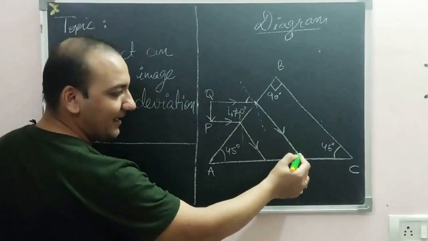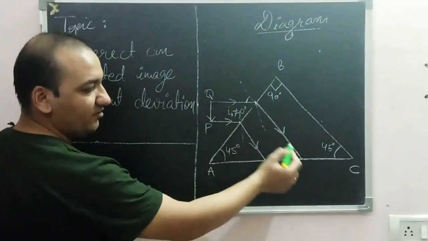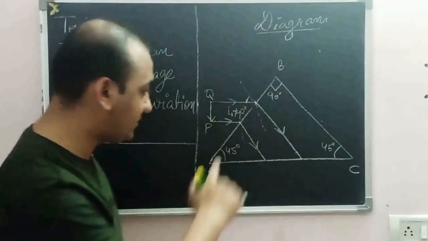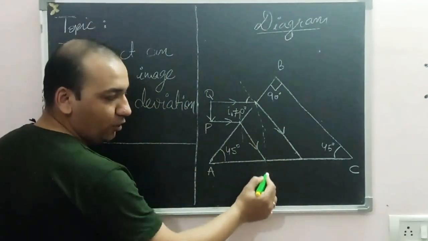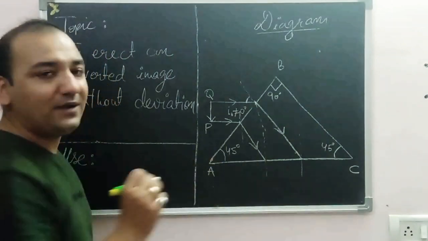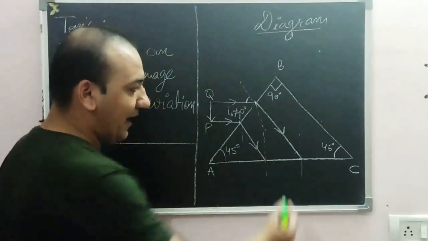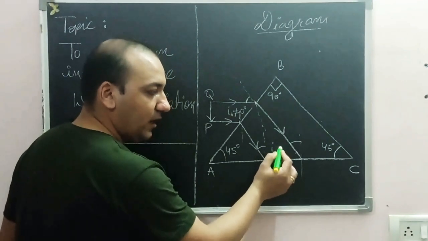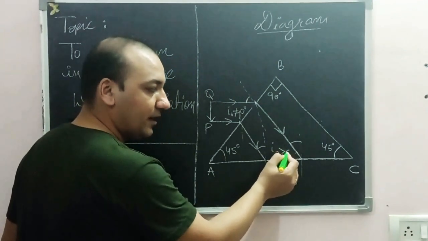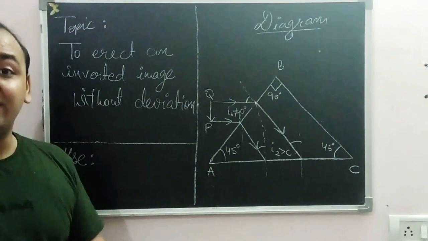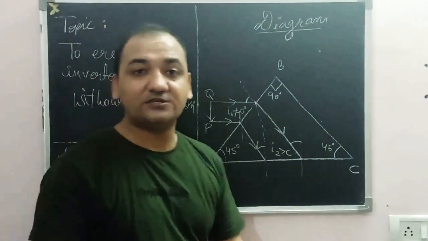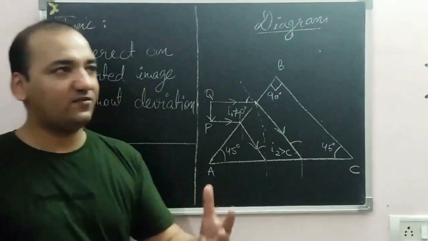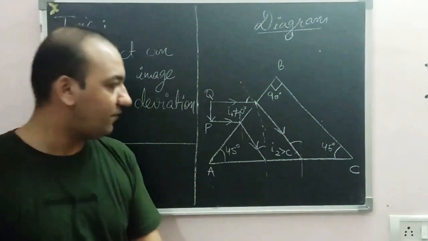Now this was the first time, and this is the second time the ray touches this glass surface, wherein this is the normal. At this point, the second angle of incidence I2 will always be greater than the critical angle C. This is a conclusion based on the practical implementation, or the experimental results that we've concluded through.